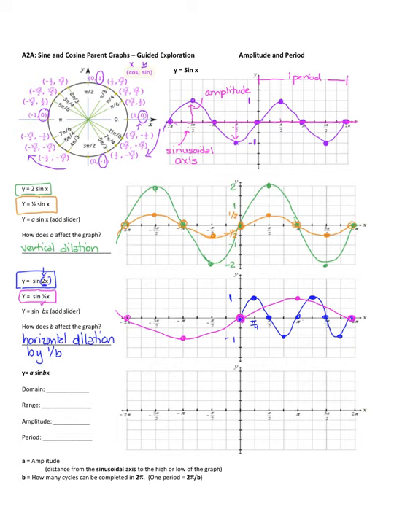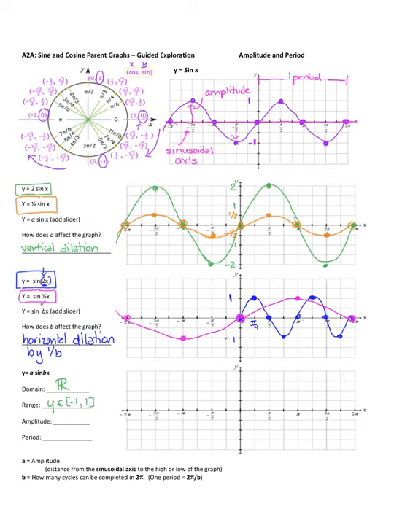Now let's talk about domain and range of these. So the domain of a sine graph is going to be all real numbers because it just keeps going on and on. The range, however, is based on the radius of the unit circle. Notice your range is the y values. So the range is going to be all the y's between -1 and 1.